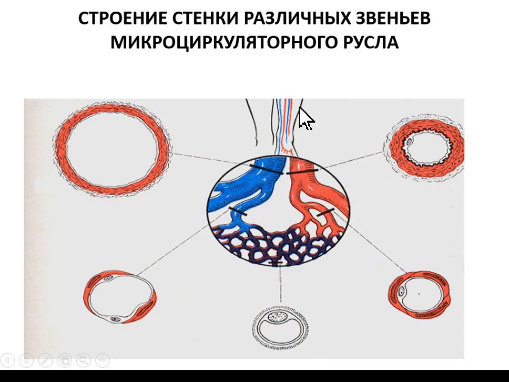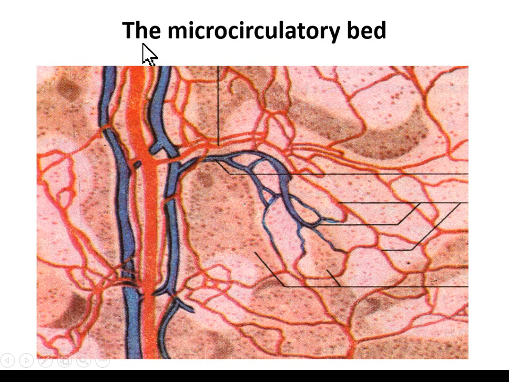Under the microscope, we can see these small vessels, the 5 links of the microcirculatory bed. Microscopic picture of the microcirculatory bed. We can see the arteriole, which is small, then precapillaries, capillaries, postcapillaries, and venules.